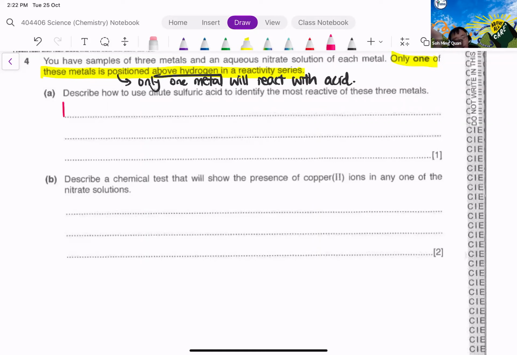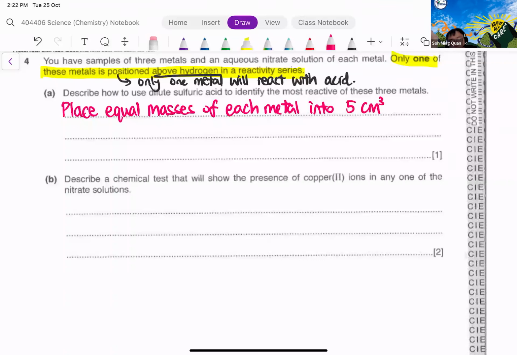So all you need to do now is to place equal masses of each metal into, say, 5 cm³ of dilute sulfuric acid. All right.